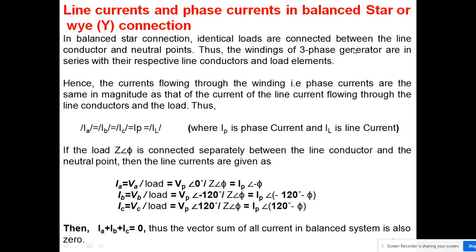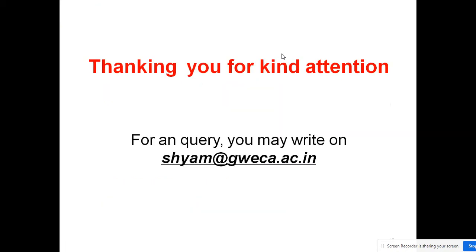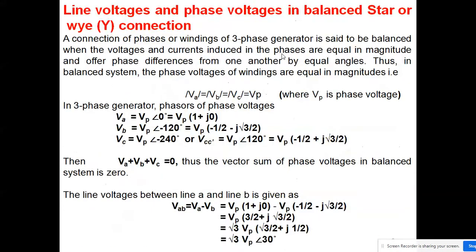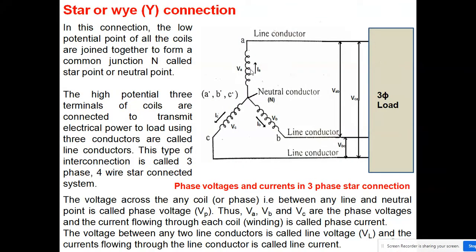So identical loads are connected between the line conductors and neutral point. So the windings of the three-phase generator are in series with the respective line conductor and load elements. You can easily see from this circuit diagram what we are saying, our line current and load are connected like this way.